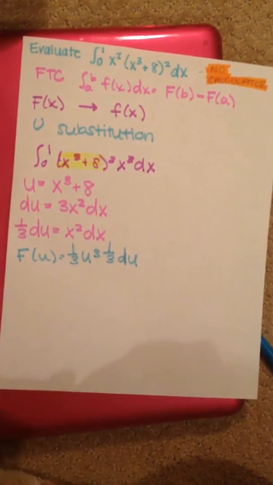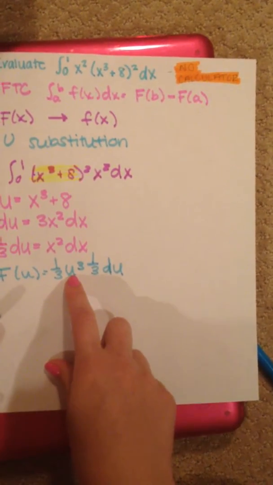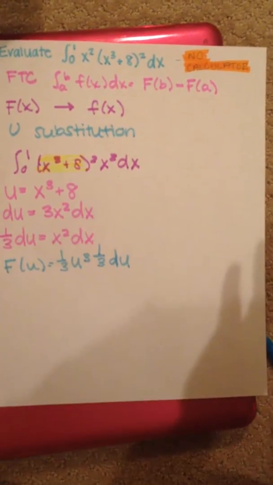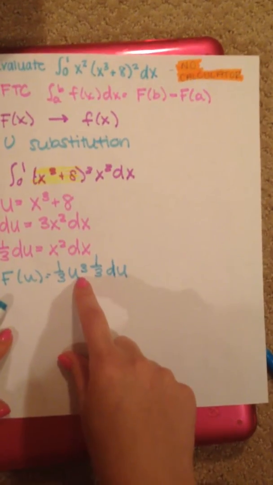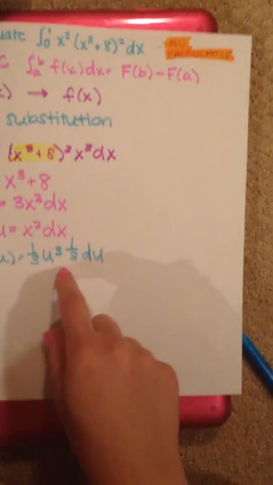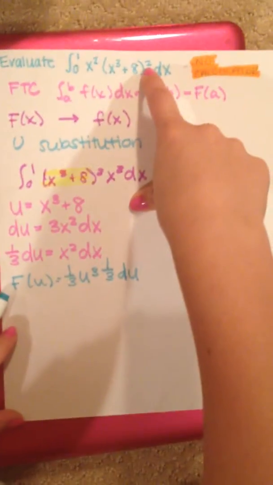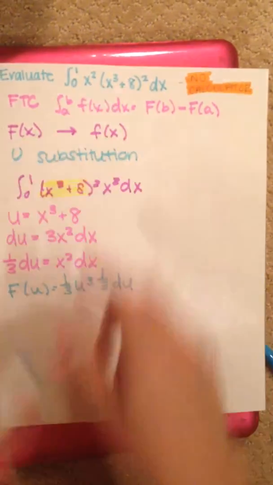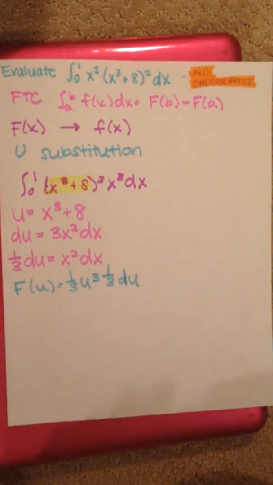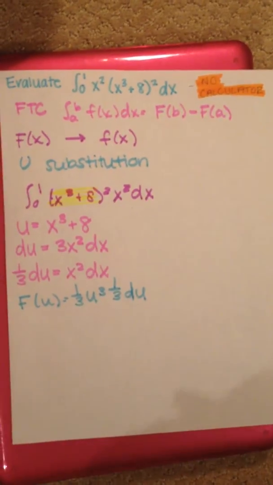Now we can plug in, and what I did here, as you can see, I just did your integral rules for u. So what normally you'd have is u squared. You just add 1, which you get 3, and then divide your coefficient by 3. So it's 1/3 u cubed. And then you multiply it by your du, which in this case is 1/3 du.